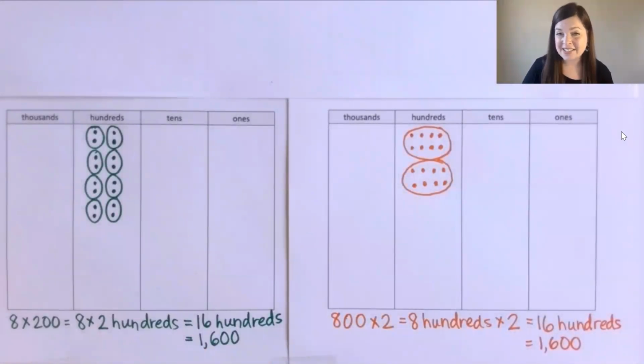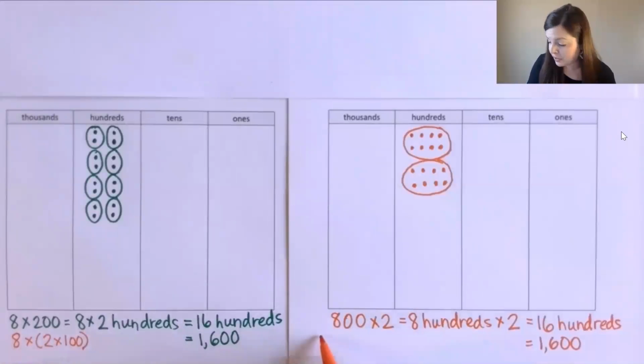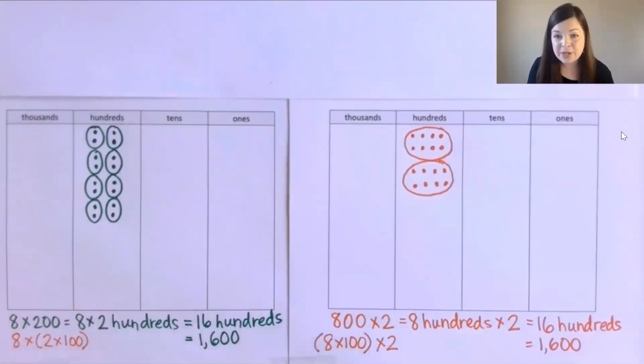In the last lesson, we learned that 8 times 200 can be decomposed into 8 times 2 times 100 because 200 can be decomposed into 2 times 100, and 800 times 2 can be rewritten or renamed as 8 times 100 times 2 because 800 can also be decomposed into 8 times 100.